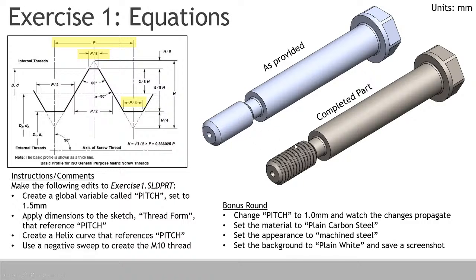What we're going to make here is what's called an M10 by 1.5 thread. M10 means it is a metric thread with a 10 millimeter major diameter, the top of the teeth of the thread. And by 1.5 means it has a pitch of 1.5 millimeters. It's effectively the spacing between the threads.